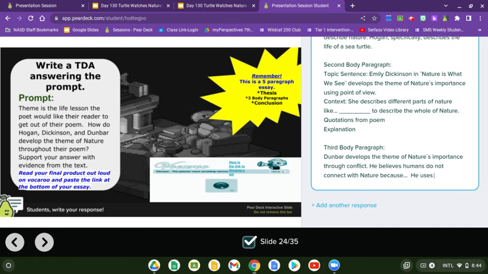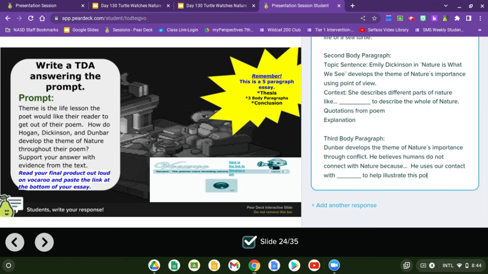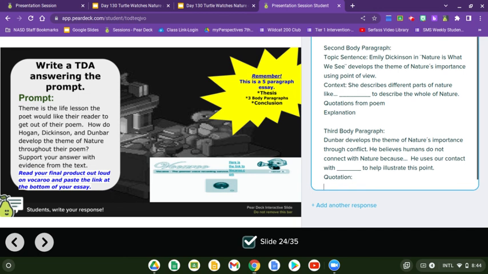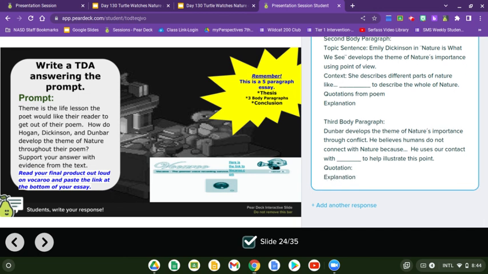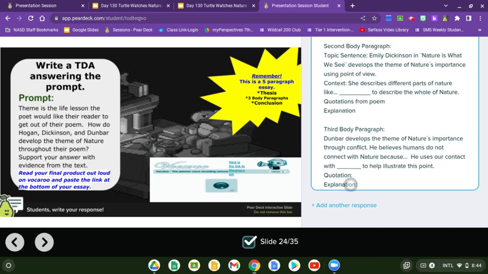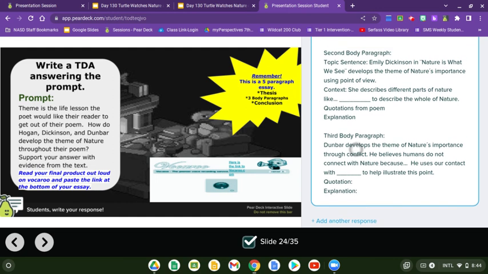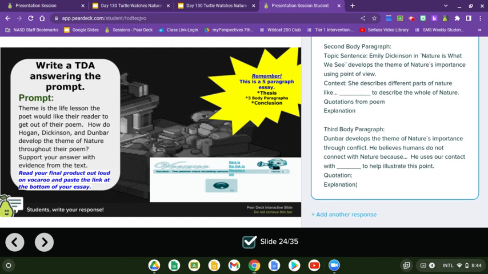He uses our contact with blank to help illustrate this point. And that would lead perfectly right into a quotation, whether about the sparrow, the birds of peace, etc. You can reread the poem if need be. Okay? I'm going to give you some time to get some of these notes for the second and third body paragraph. Go ahead and take that time now.